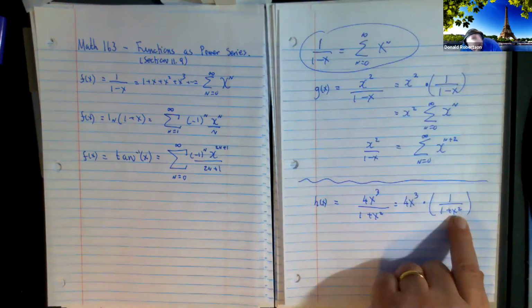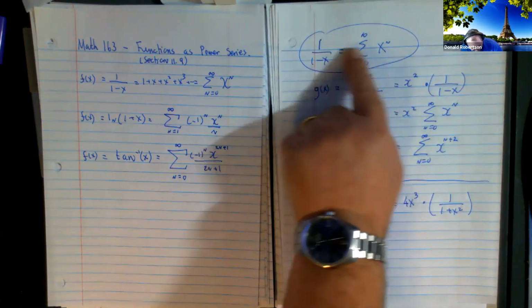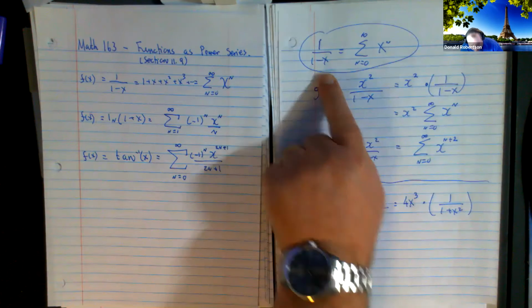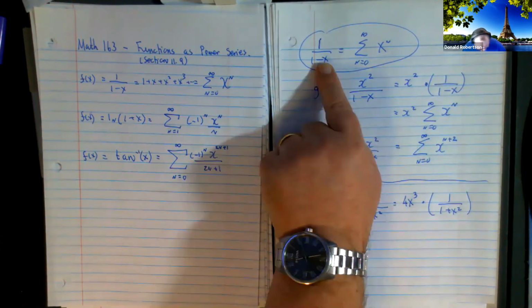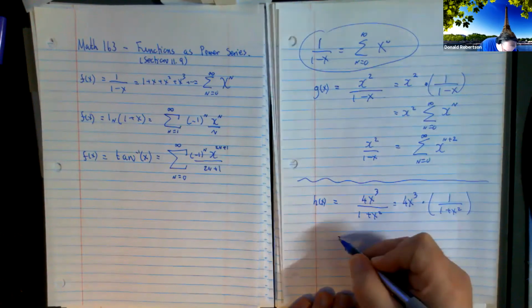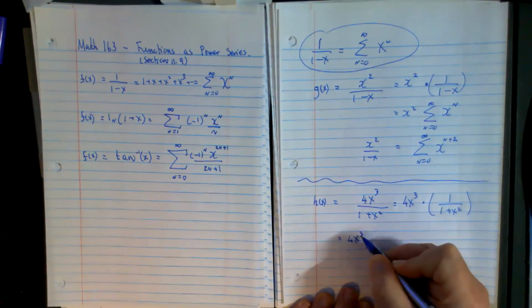What substitution will I make to this to get a 1 plus x squared? Negative x squared. Agreed.